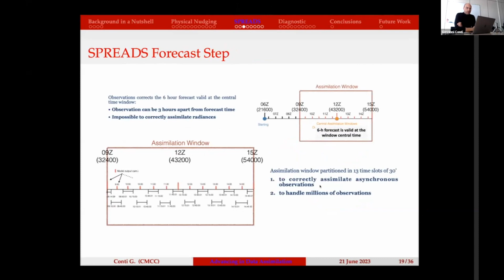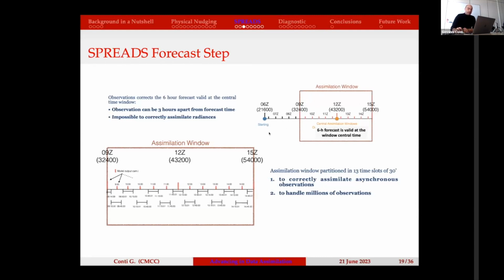In order to implement the FGAT procedure, we consider an evolution of our model, the CESM, for example from 6 to 12, and we consider 6-hour assimilation windows. In these assimilation windows, every 30 minutes, we write the output of the model.